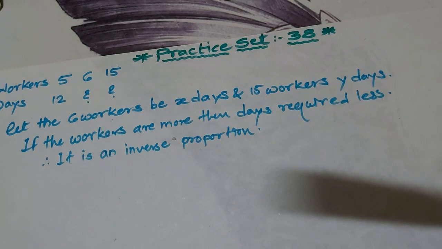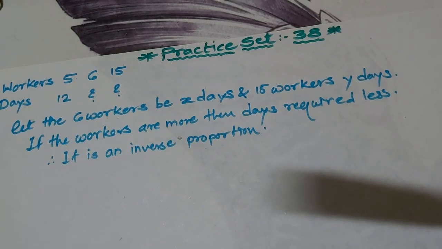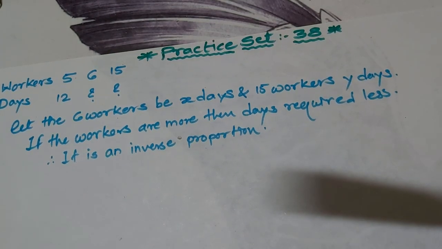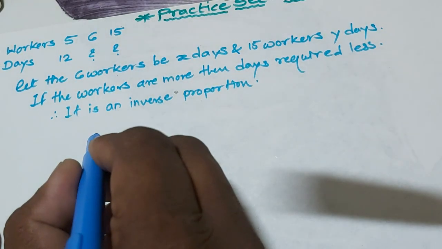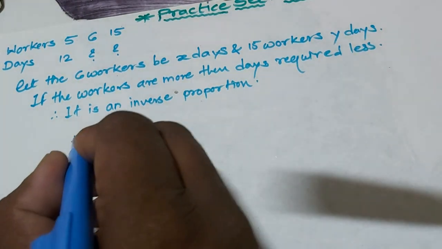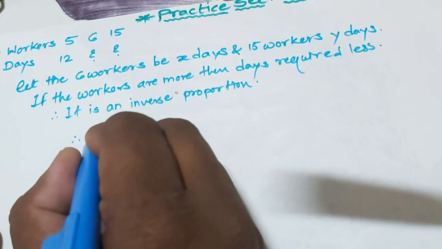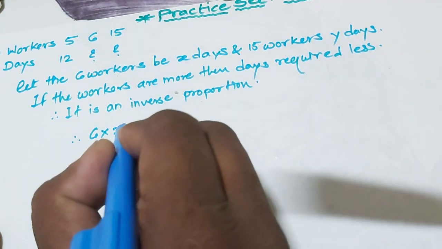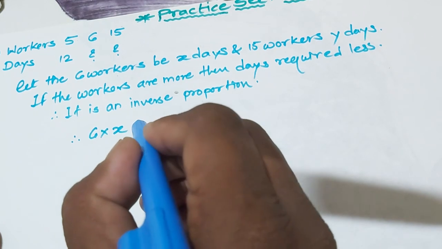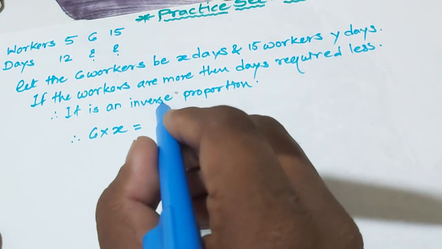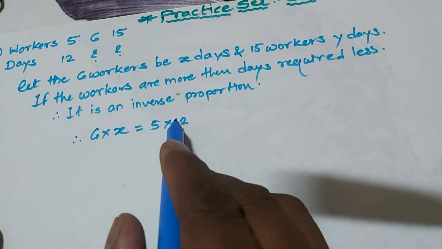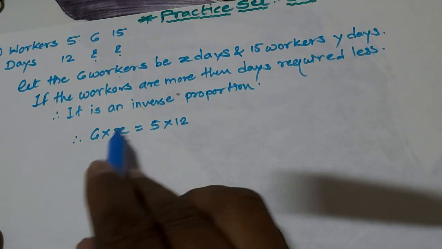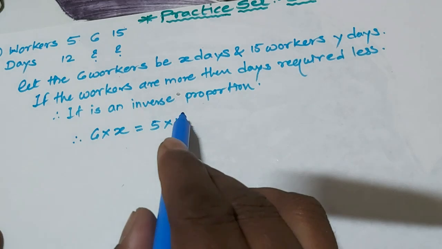As I told you, here we have to do the product, means multiplication. Therefore, 6 multiplied by x is equal to 5 multiplied by 12. You can write it on either side, no problem.